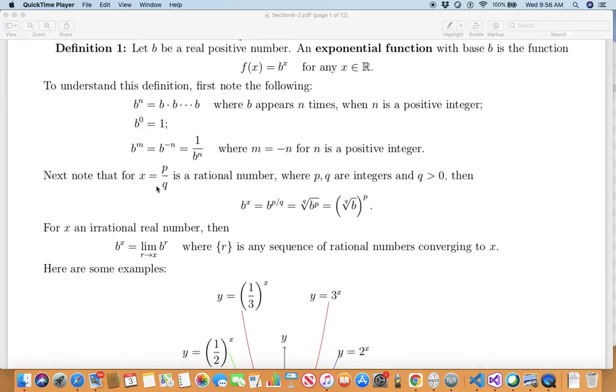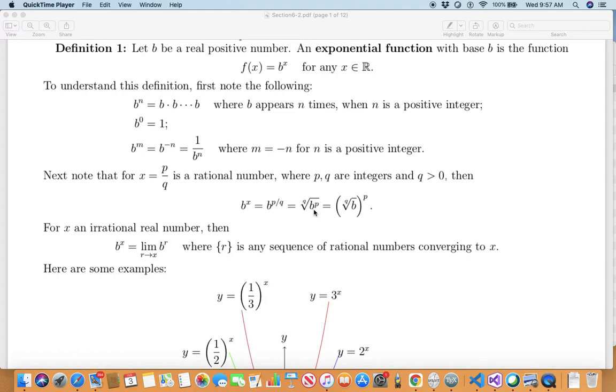Why? If it's negative, just move the sign up. We allow p to be negative, but make sure q is positive. Then, what is b to the power of this rational number? b to the power x is b to the power p over q, and it is defined to be the qth root, the denominator root, of b to the power p.